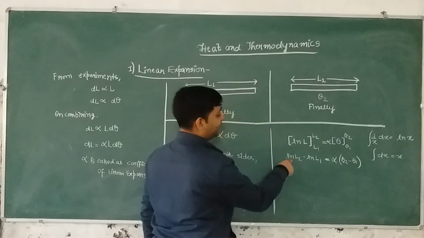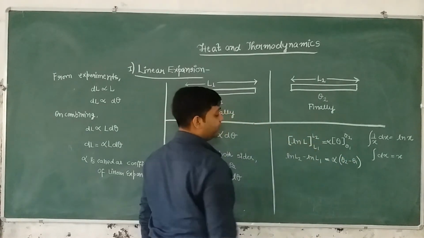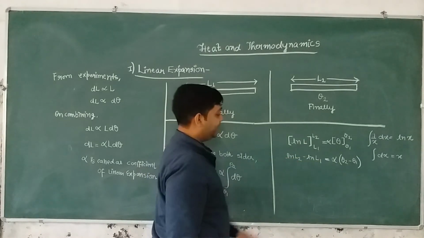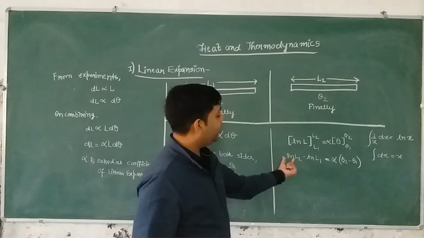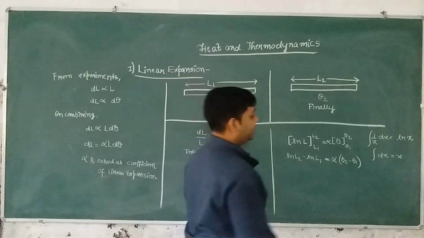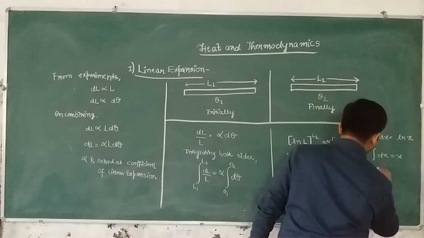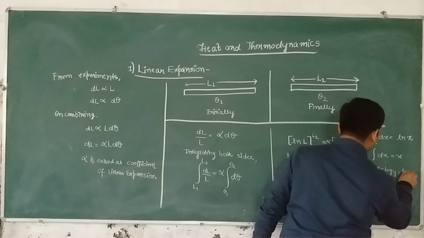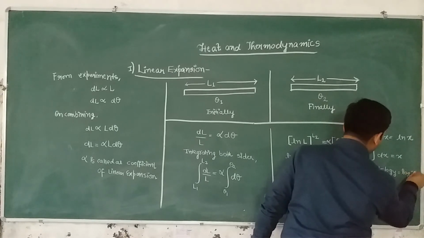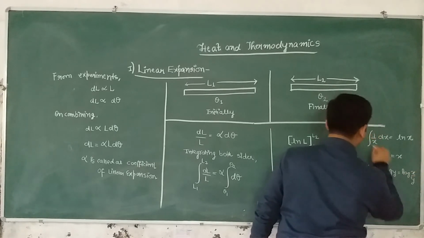First we put the upper limit minus, then we put the lower limit. I hope you know till here. And what is log x minus log y? There is one relation, log x minus log y. It is equal to log of x upon y.